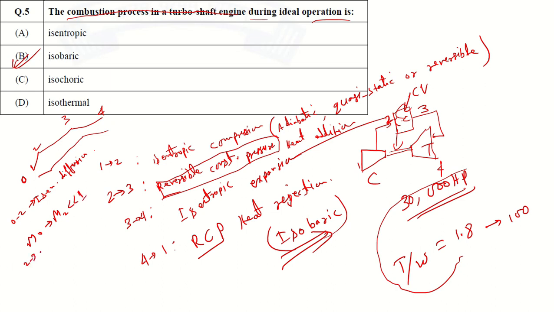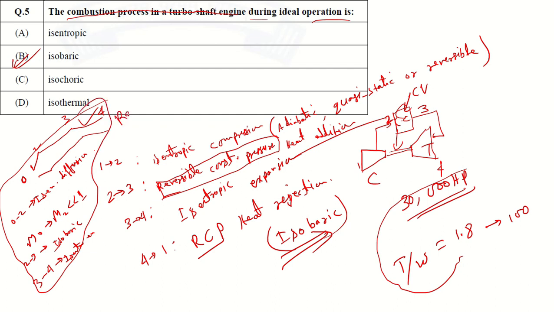And 2 to 3 is constant pressure compression, that is isobaric, and 3 to 4 is isentropic expansion. So this is the condition for the ramjet engine.